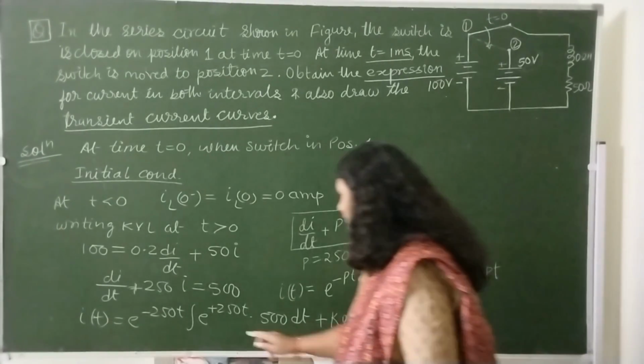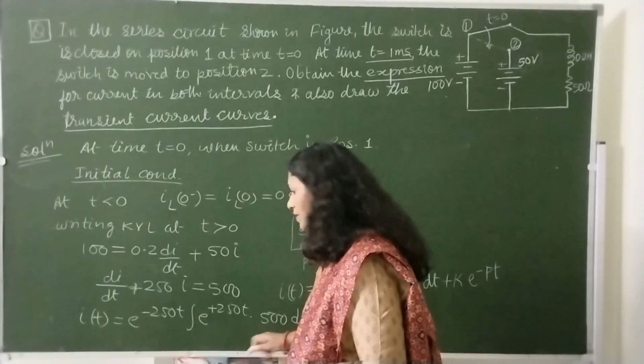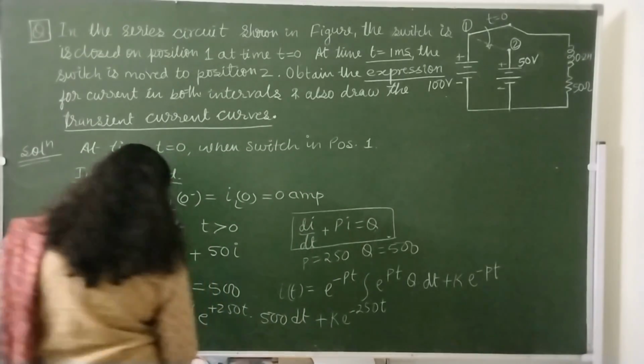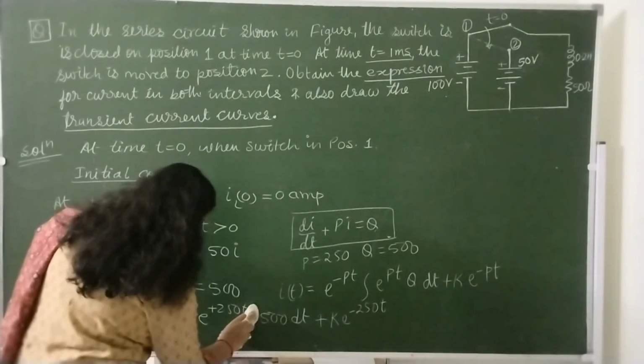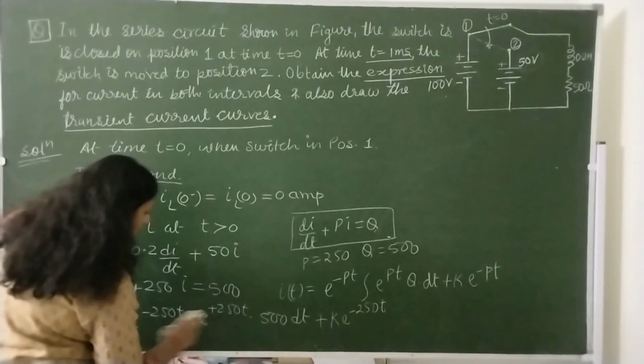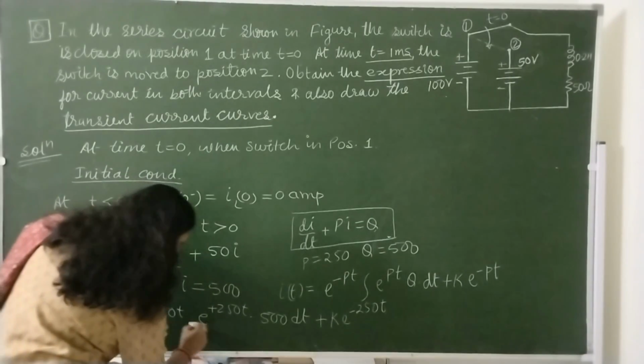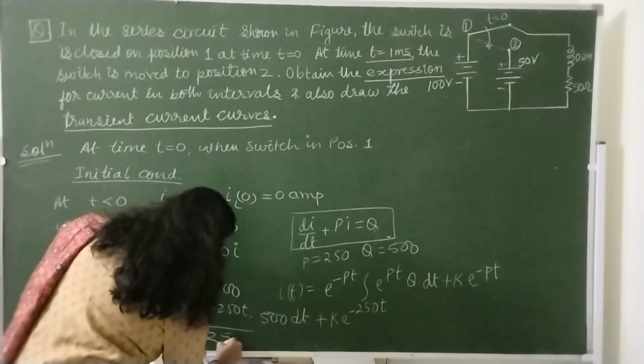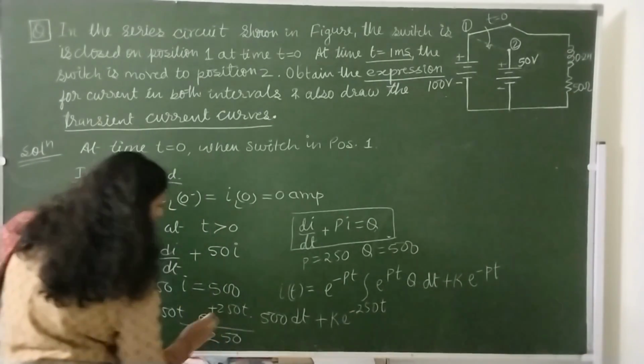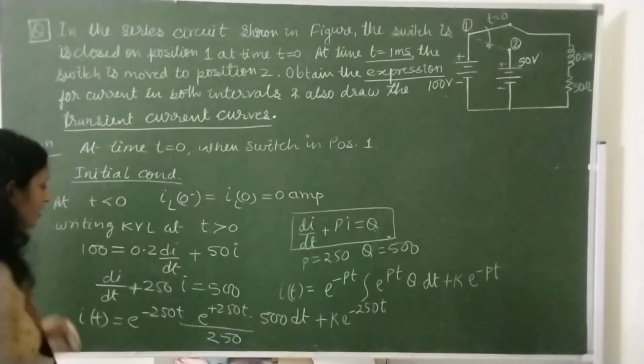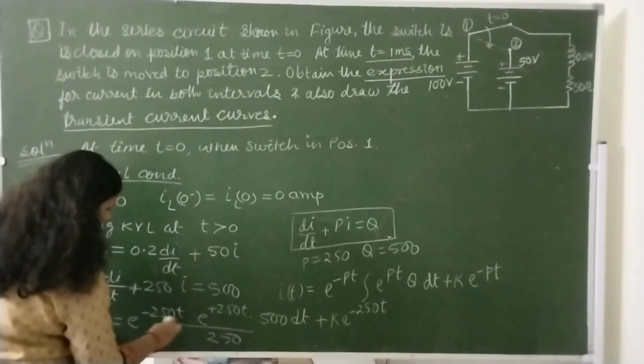This will be integrated, and this will give us e to the power 250t divided by 250, because the integration of e to the power at is e to the power at divided by a.